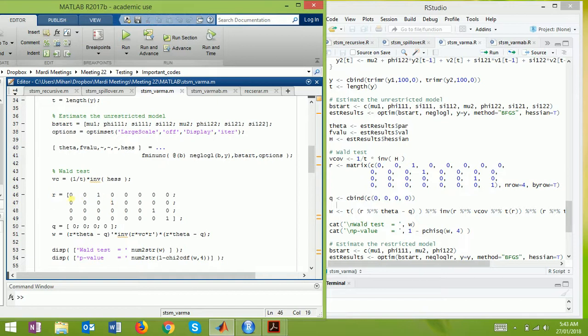So how many parameters do we have there? We have 4 unknown parameters, right?